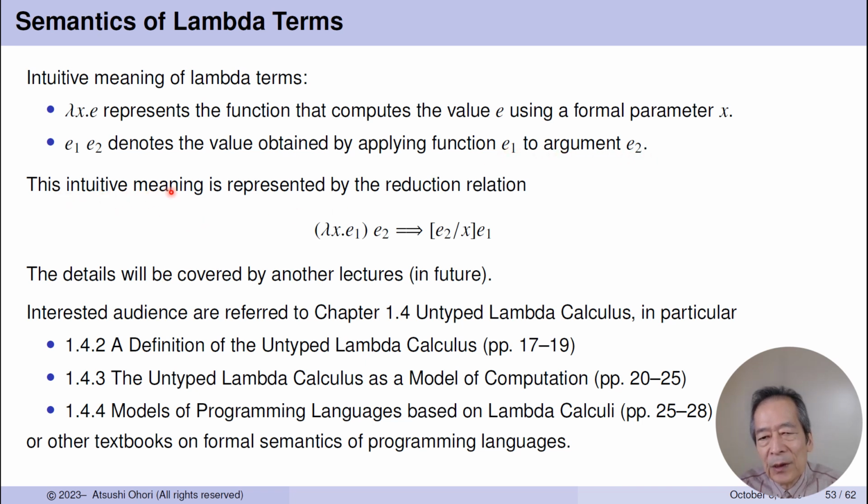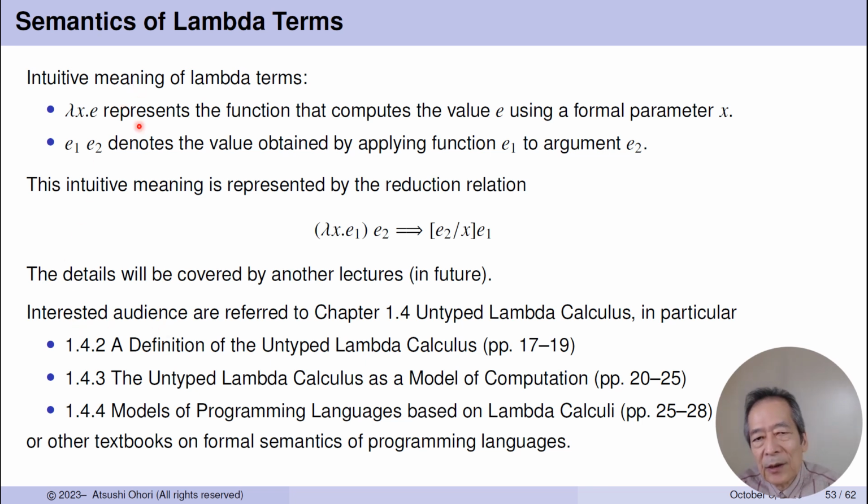This intuitive meaning is represented by the reduction relation. So this application of this lambda abstraction to some term, this entire term reduces to this term. This is the result of substituting occurrences of x in E1 with E2.